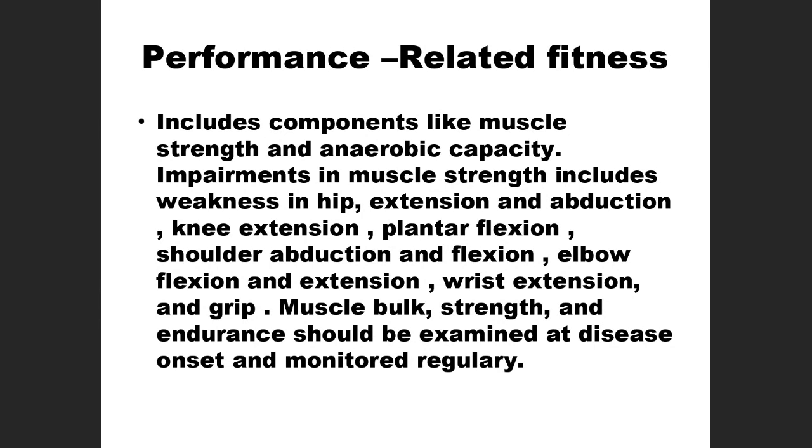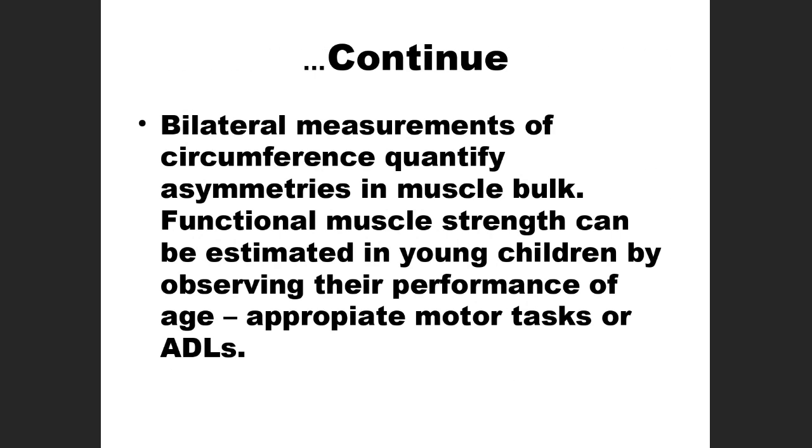Muscle bulk, strength and endurance should be examined at disease onset and monitored regularly. So we have to check the muscle endurance and range of motion of major muscles and monitor them.